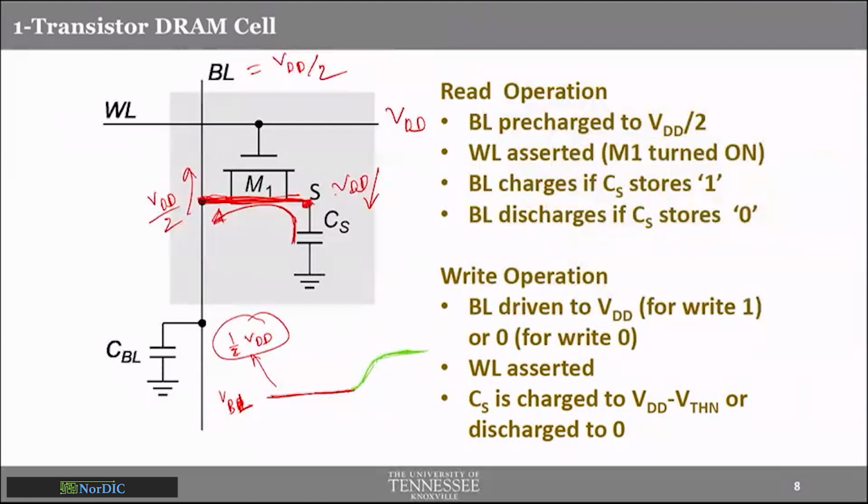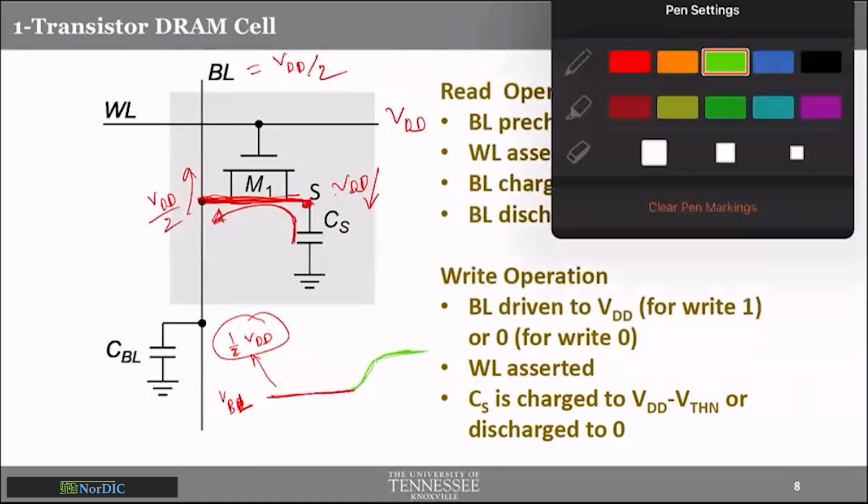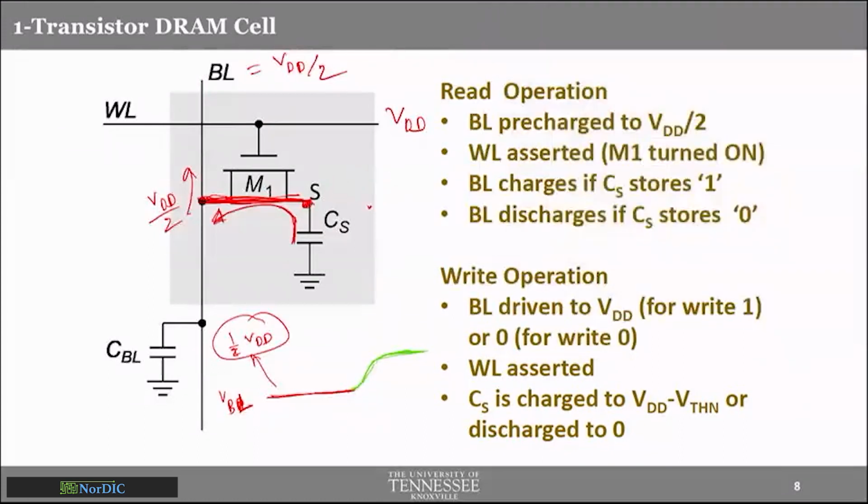Okay. On the other hand, imagine that this capacitor was storing 0. Then the bit line will start charging it up, and as you see, the bit line will further discharge, right? The capacitor will gradually charge up and the bit line will further discharge. So you see something like this.